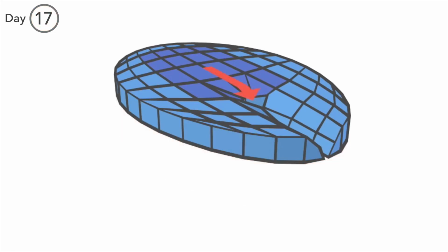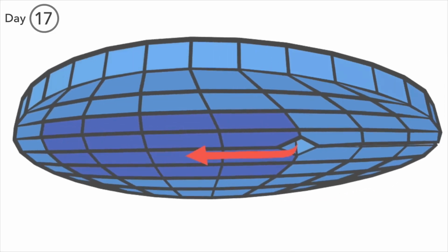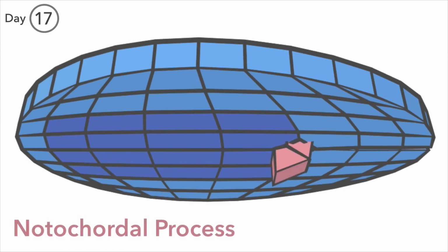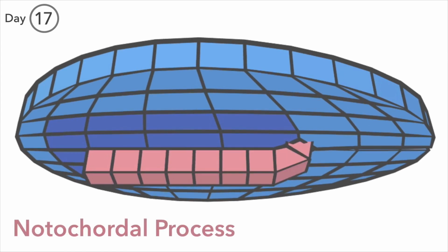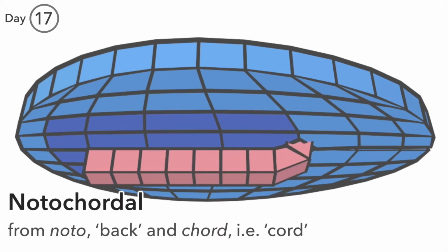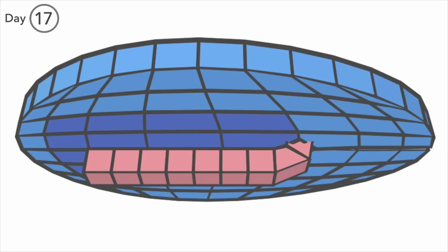Day 17. By this stage, cells burrowing down the primitive node have started to form a hollow rod called the notochordal process. Notochordal is from noto, which means back, and cord, meaning cord, because the back cord, aka the notochord, later serves as integral structural support for the early embryo.